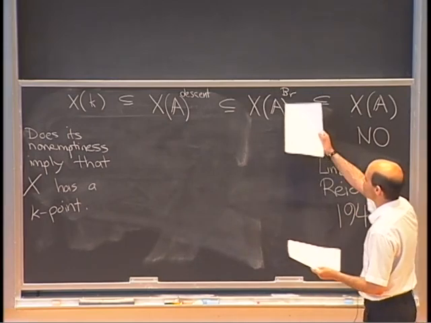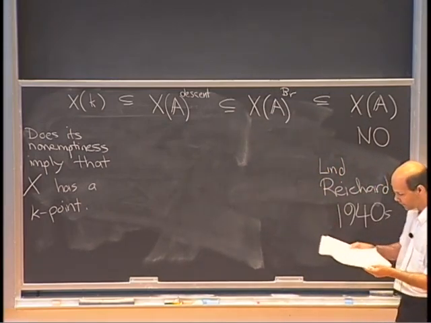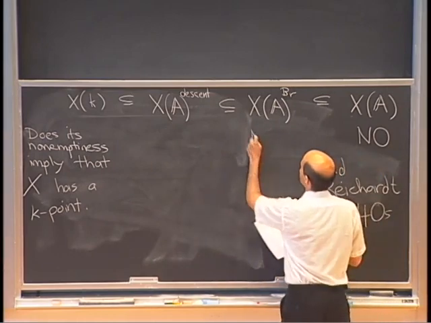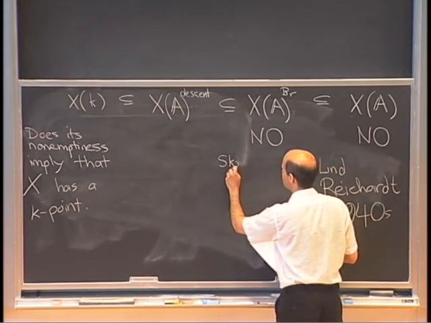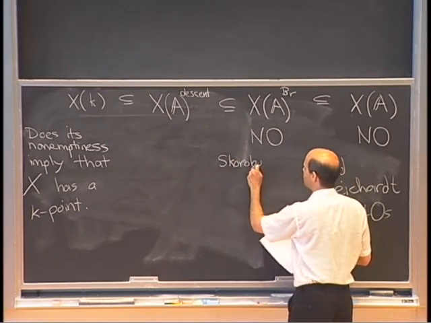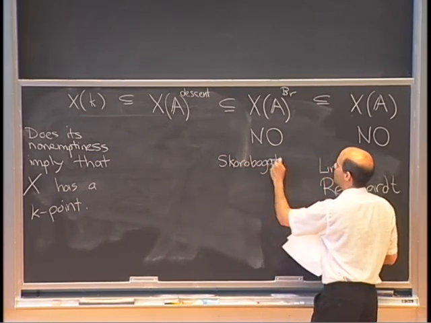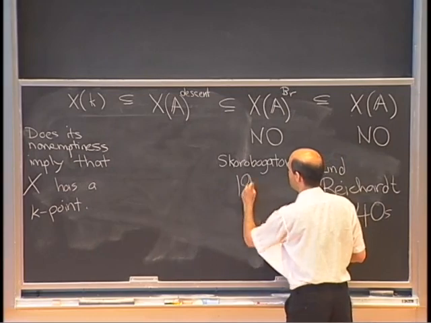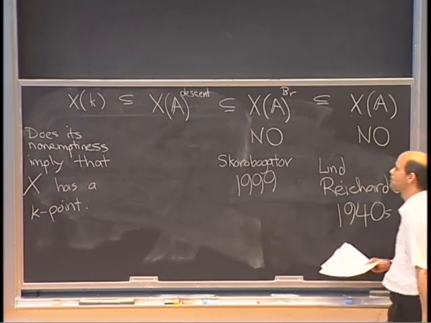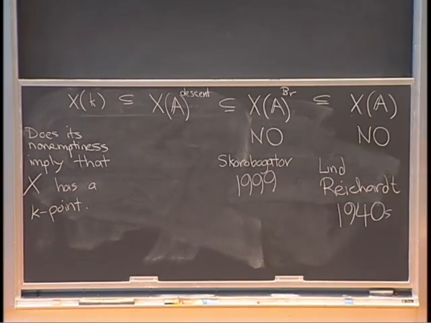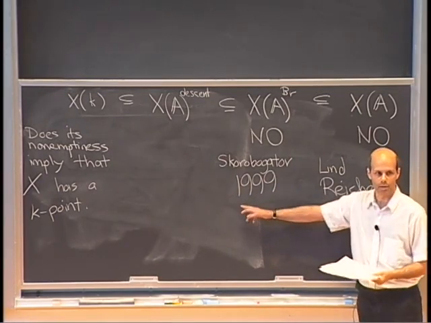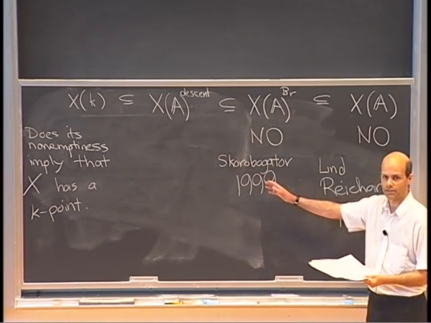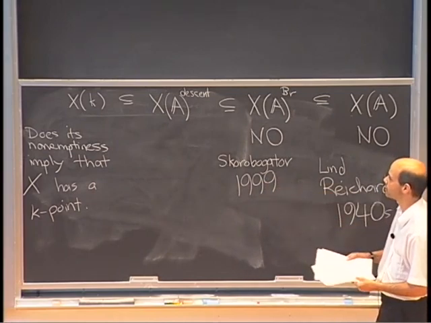In the case of the Brauer-Manin obstruction, it turned out that the answer is no again, as was expected. But this was proved only fairly recently by Skorobogatov. In other words, he proved that the Brauer-Manin obstruction is not sufficient to answer the question whether there is a rational point.